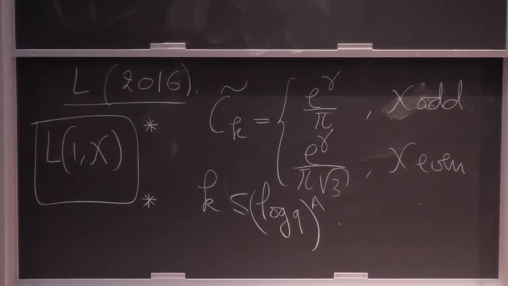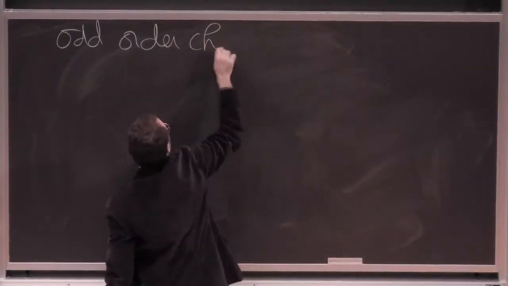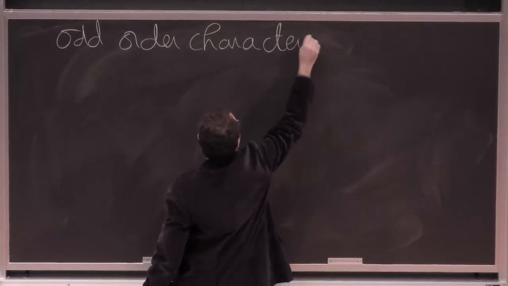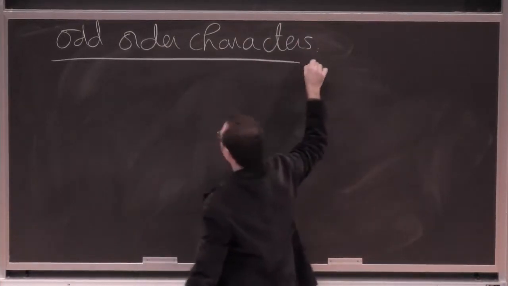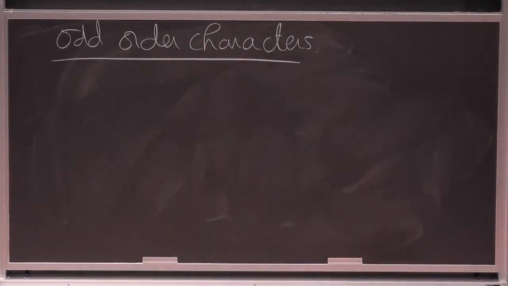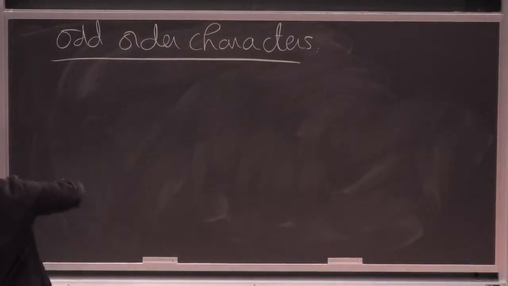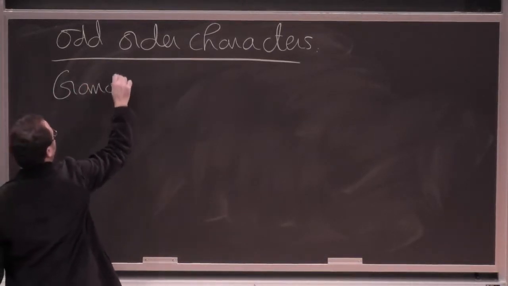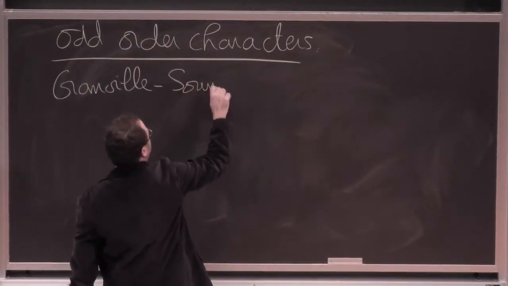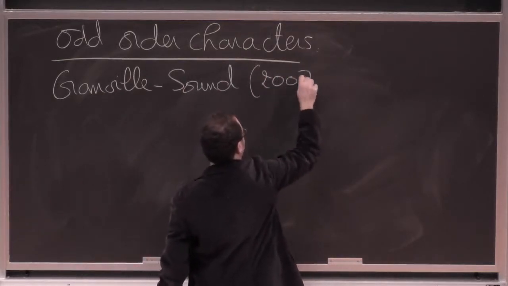Okay, so now let's see what we know about odd order characters. And actually, we know more and less, as you will see. So we know more in the sense that both the Vinogradov and the Montgomery-Vaughan bounds can be improved in this case. And this is a breakthrough of Granville and Lamzouri. This is the main result in the paper.